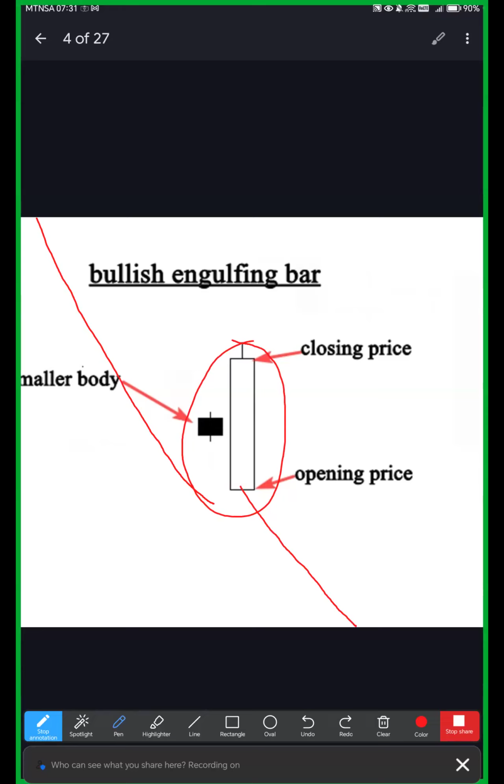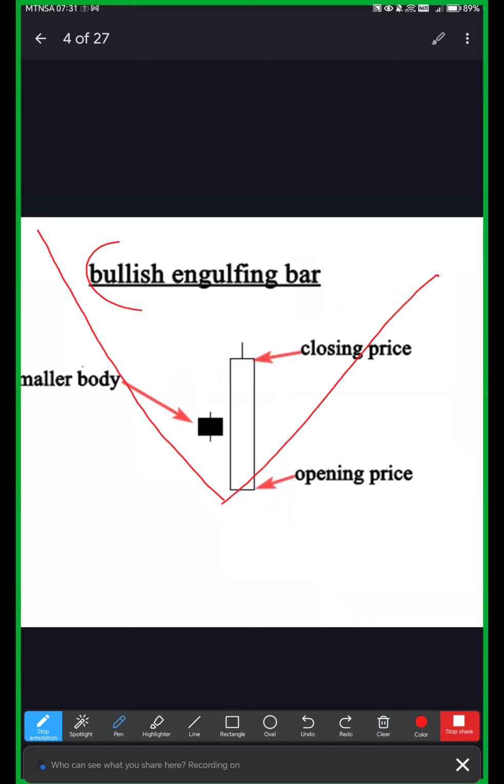So what we are looking for here are probability setups. This is a guide to try to find out: is this downtrend continuing, or has it finished going down? The bullish engulfing bar tells us there is a possibility that the market is going to change direction to the upper side.